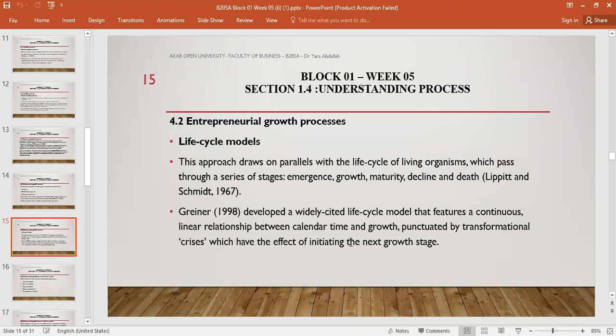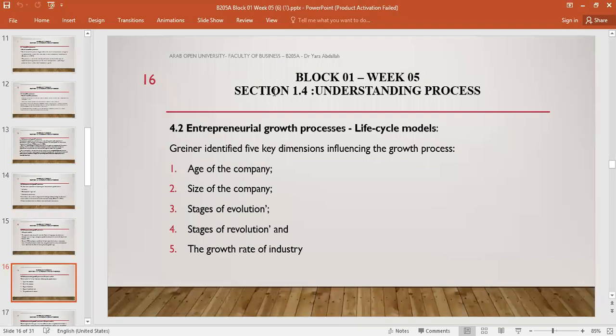But if there is a difference, yes, there is a difference. When I'm going to be concerned about the business, about the growth process of the venture, I am concerned about a lot of dimensions. It differs from the human being.